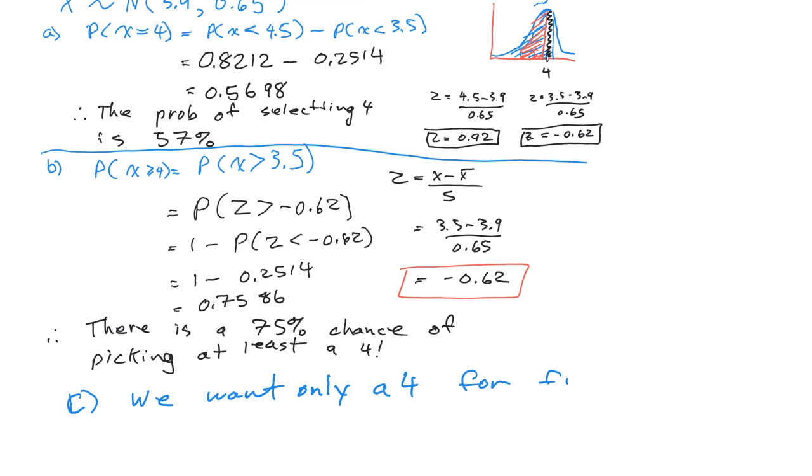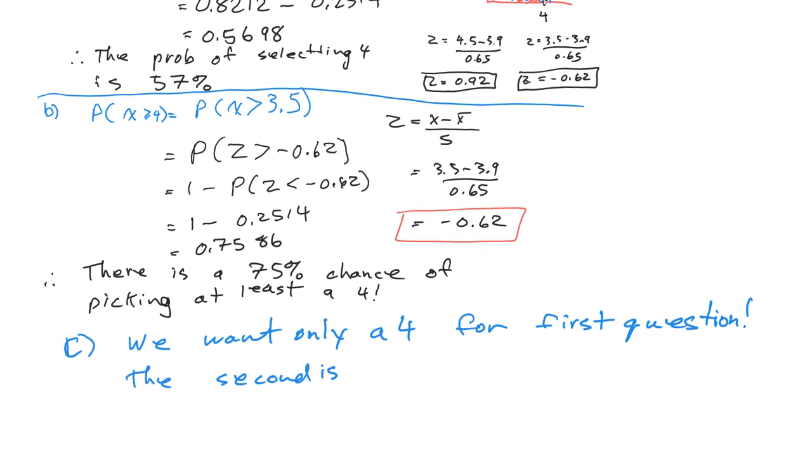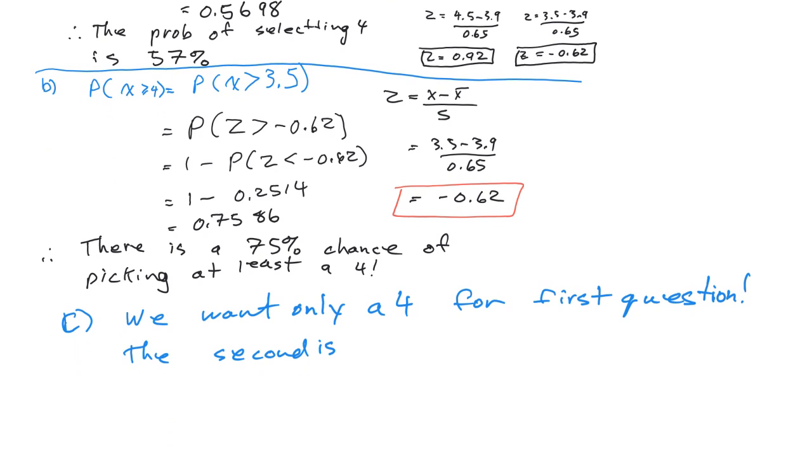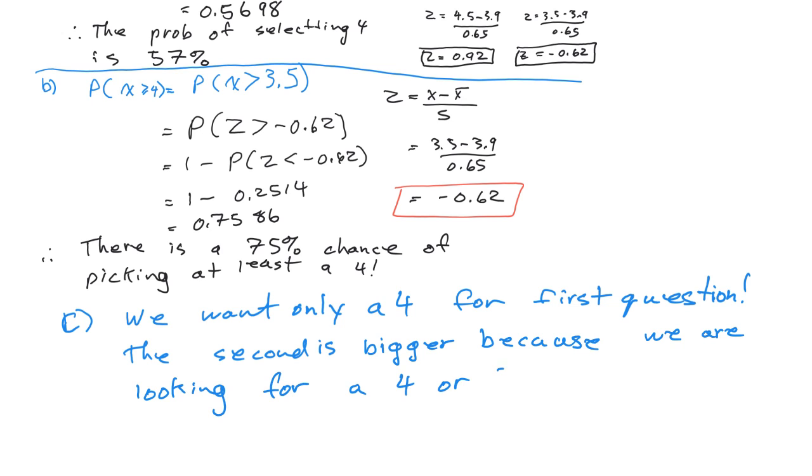The reason why the second probability is bigger is because we are looking for a 4 or a 5.